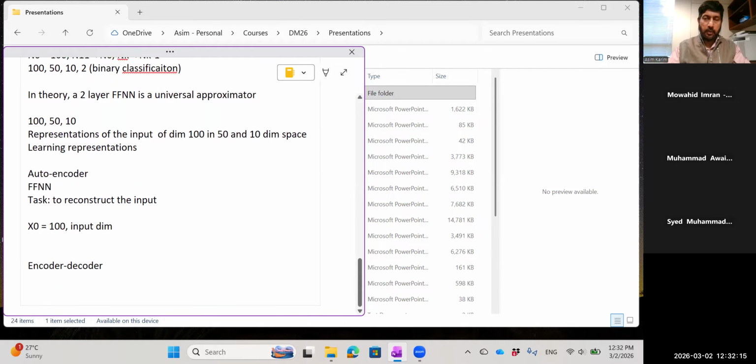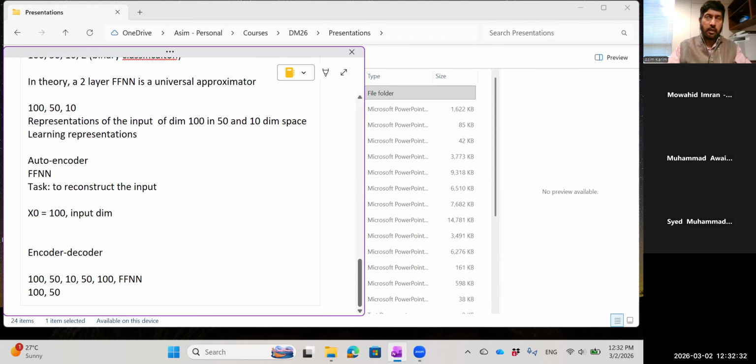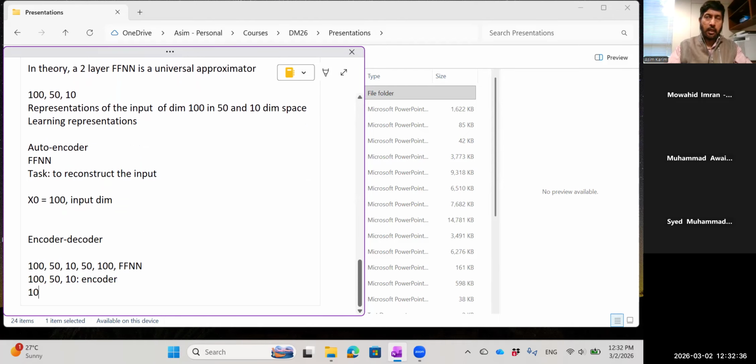So let me give an example here. Let's say input मेरे पास 100 था, तो 50 पे गया मैं, 10 पे गया, and then I go back to 50 and then go back to 100. So this is my entire feed forward neural network. The first part, 100, 50 to 10 is the encoder, and then 10, 50 and 100 is the decoder. But together it's one pipeline, one block.